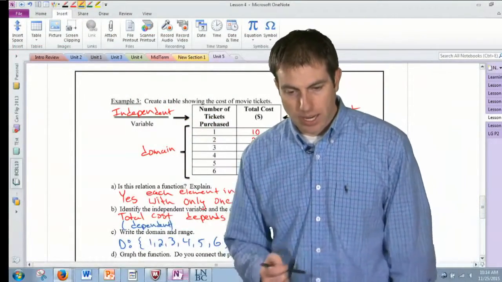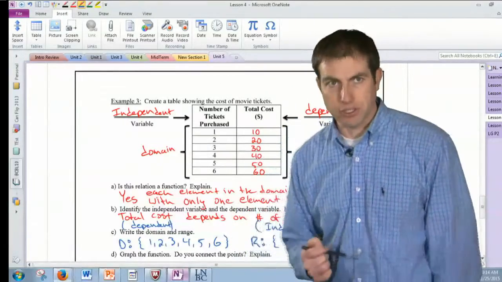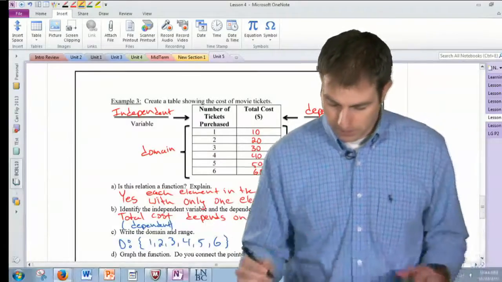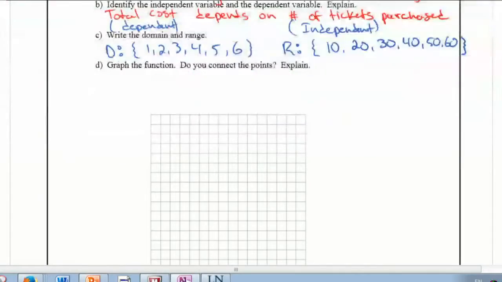The last part here asks us to graph the function. So this is maybe the difficult part of this. Our graph should have a title. What should we call it? What would be a descriptive title?